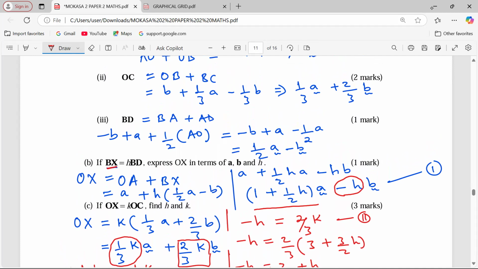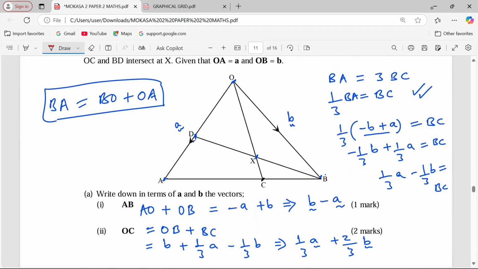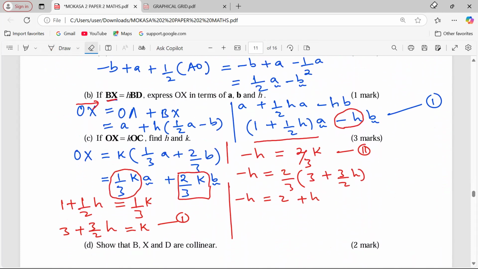So we said the value of BX is supposed to be the value of vector OX. According to the diagram, OX is supposed to be given by O through B, that is OB, then B to X. So this is supposed to be OB plus BX. The vector OB has a value of B. Sorry for that, a value of B.